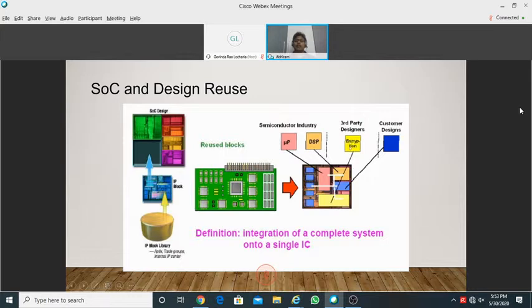Then you have your own custom designs you want to integrate, which are very specific to your application. Now we have reused all these things and made them into a complete SOC based on the IP libraries we support.